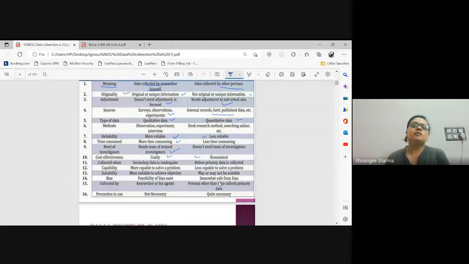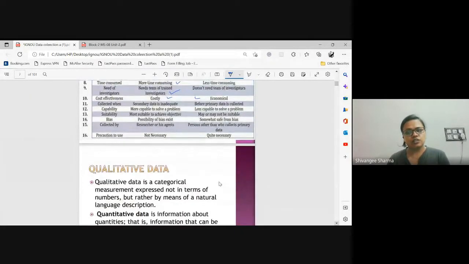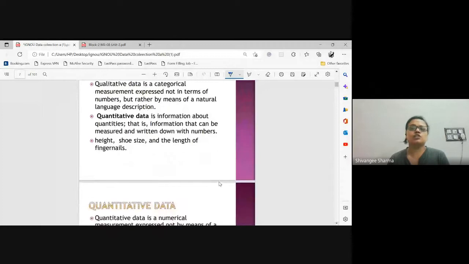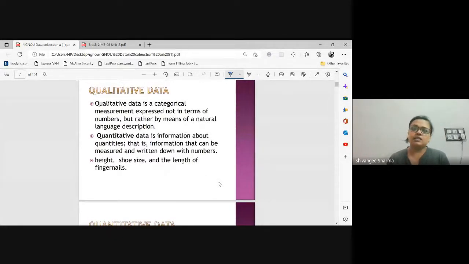So the problem is basically you have to identify whether the situation or the problem which you are analyzing needs primary data or it needs secondary data. So as per the nature of research or the nature of research problem, you will choose primary data and secondary data as for the sources.